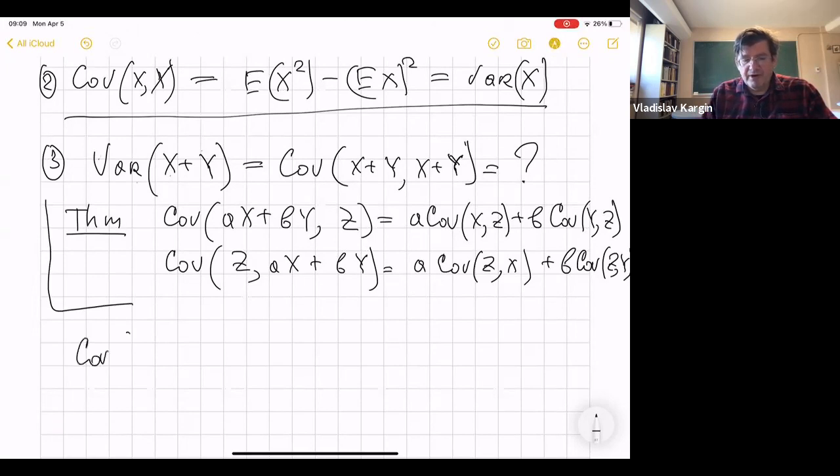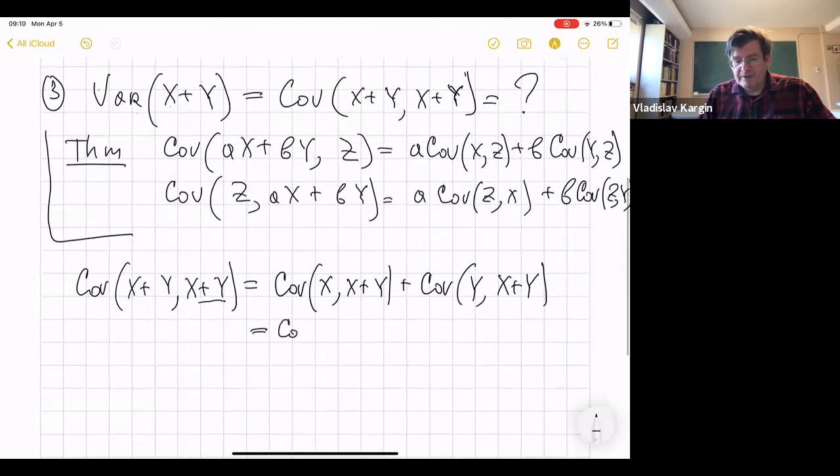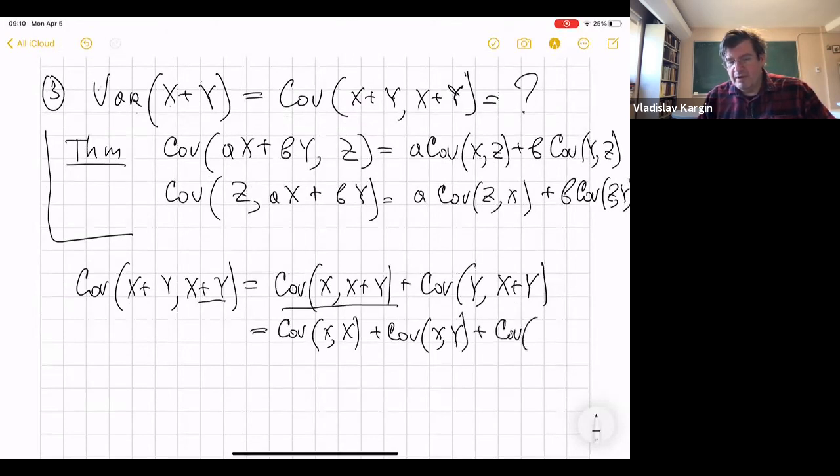This is equal to the covariance of X plus Y with X plus Y. We expand: covariance of X with X plus Y, plus covariance of Y with X plus Y, using this theorem with X plus Y as Z. Now we use the theorem again: this is the covariance of X with X plus the covariance of X, Y, plus the covariance of YX plus the covariance of Y with Y.